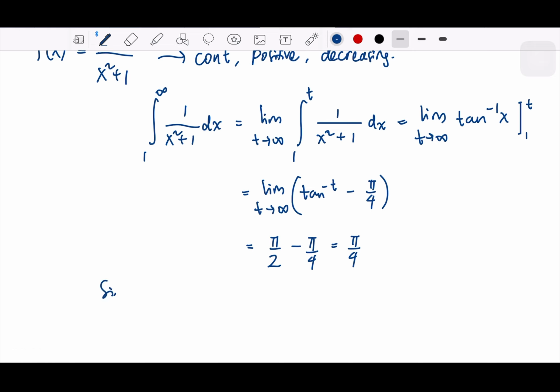So since the integral converges, the series also converges.